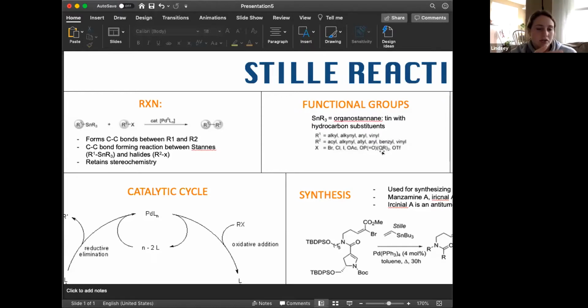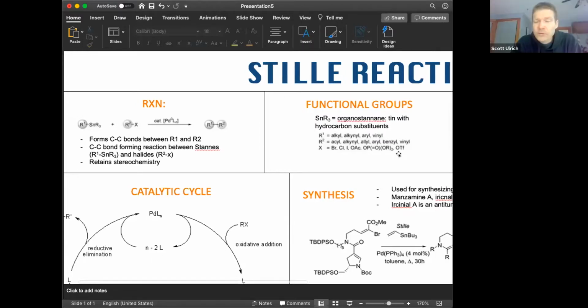What's remarkable about this, if you notice the list of R groups, is that in the Stille reaction you are not restricted to making bonds between sp2 hybridized carbons, which was true for the Suzuki and the Heck reaction, where you're making bonds between aromatic rings or an aromatic ring and an alkene. Here you can couple many more different kinds of carbons, which gives it a broader scope.